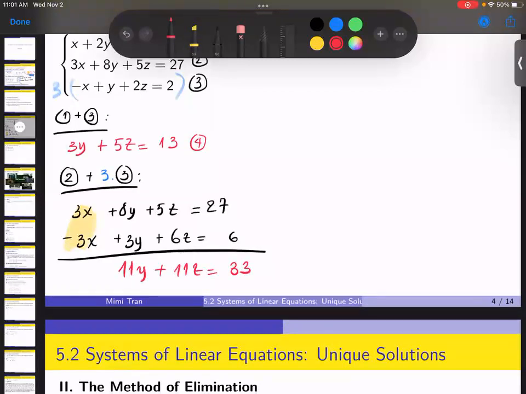Can I divide by 11 to make it smaller? Yes. y plus z equals 3. It's the same thing. If you don't want to, you can keep it like that, but I like to simplify as much as possible. I'm going to call it equation 5.